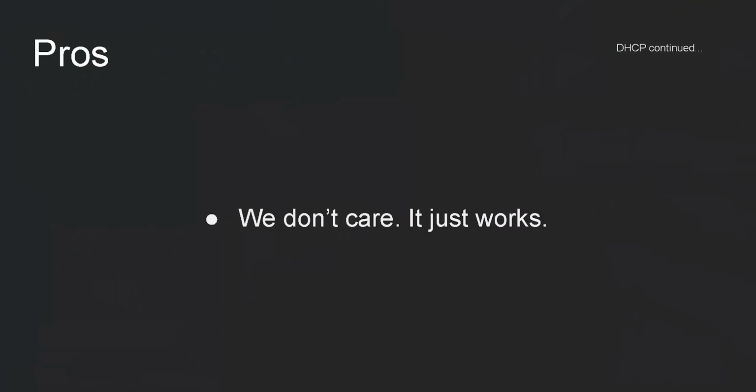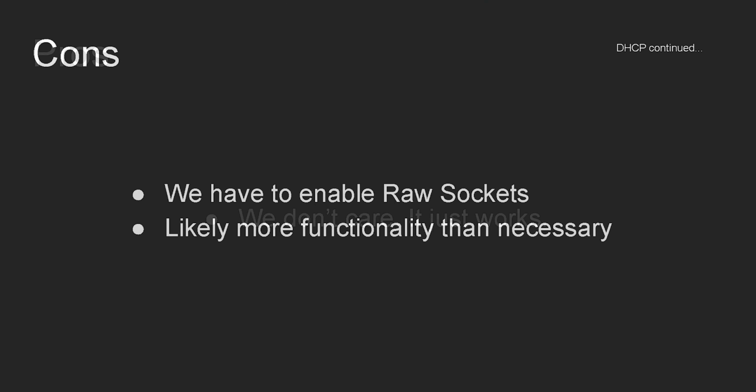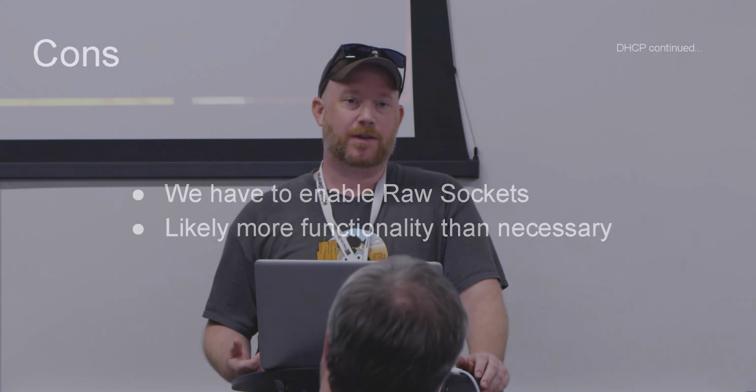We could use DHCP, it works. However, the pro is that it just works. We don't care, whatever. However, you can't use raw sockets, and it provides a lot more functionality than we necessarily care about. We just care about getting an IP address in case our function code needs to communicate.